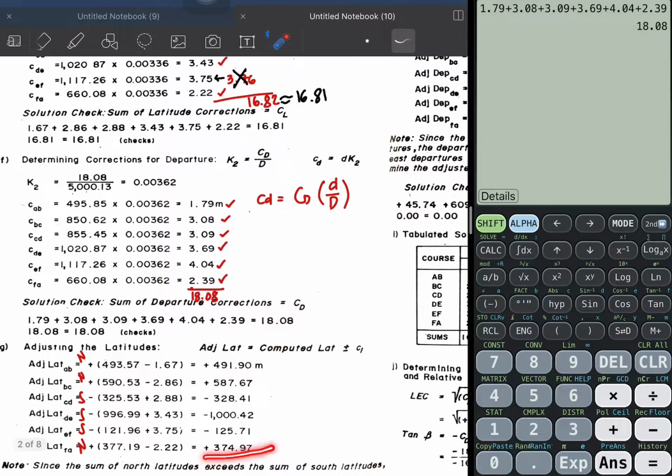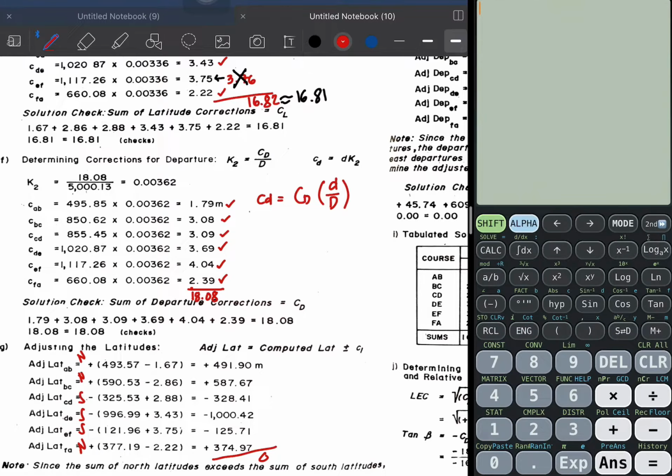So if you add these numbers, it should be equal to 0. Okay? So let's try to add this.